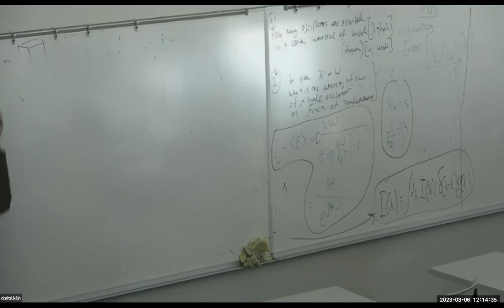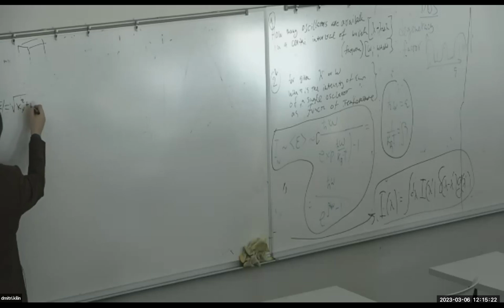Some people call 1 over lambda a wave vector. If we have an electromagnetic wave going in a three-dimensional direction, not along X, Y, or Z, but having three components, like if the direction of the wave is decomposed over Kx, Ky, and Kz, where each of the projections can be associated with certain wavelengths, then the length of this K vector is the square root of Kx squared plus Ky squared plus Kz squared.